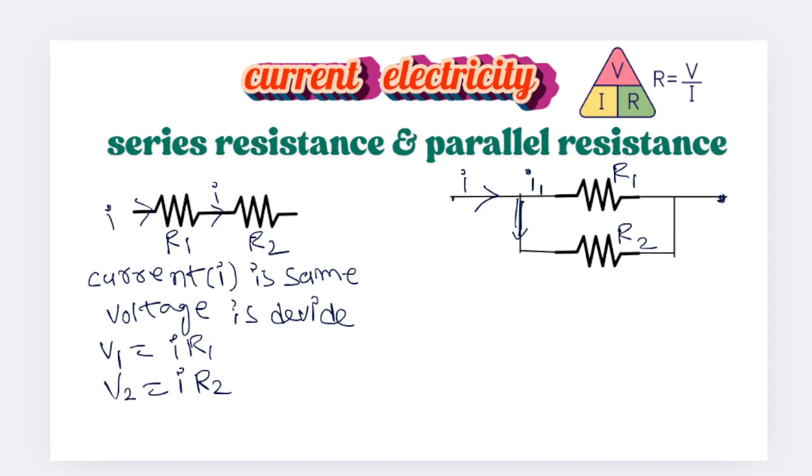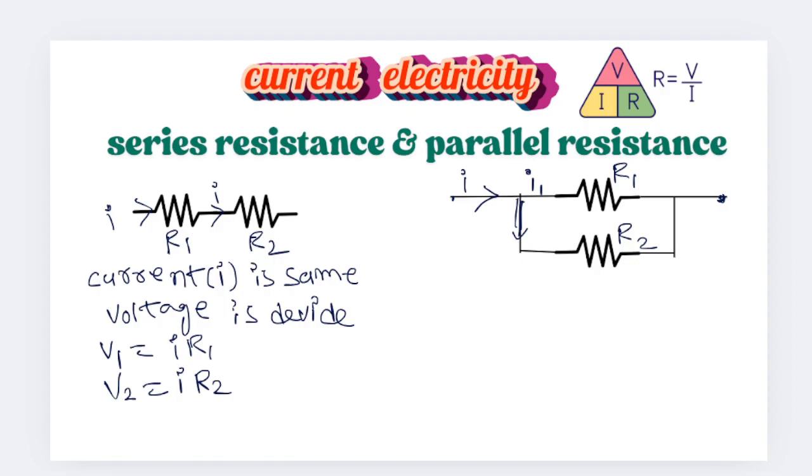So before identifying whether it is a series or a parallel resistance, you have to consider 2 points: first the current and next the voltage. In the circuit, the current is the same through the R1 and R2 resistance, and the voltage divides, so it is in series.